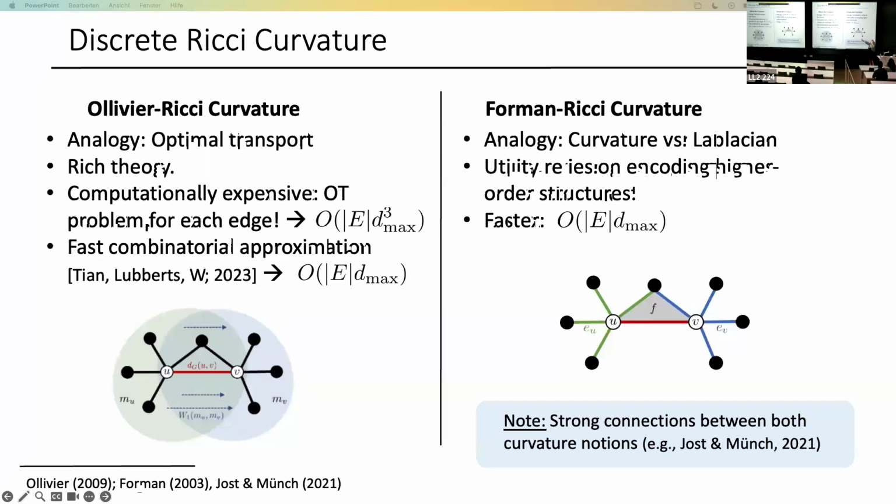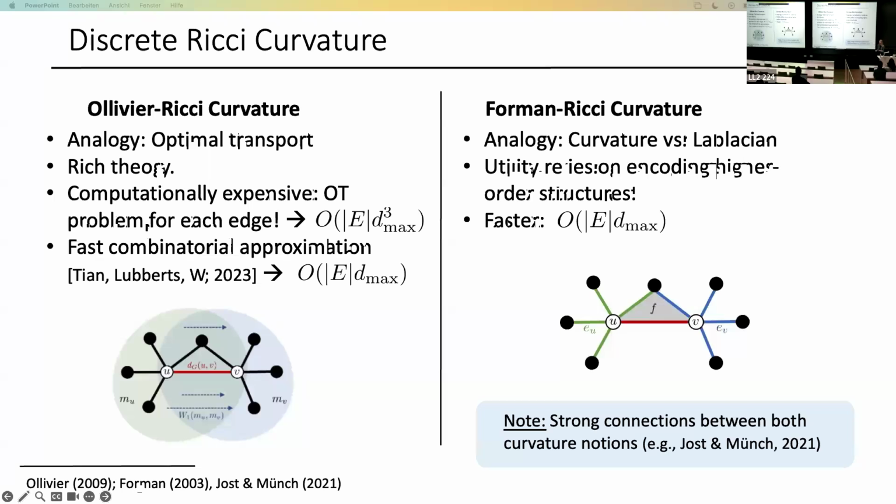If you recall, when we introduced Ollivier's curvature, we said we have to compute the Wasserstein-1 distance. Right? So we have to solve an optimal transport problem, and that can be expensive, at least if we solve it exactly. There are approximations of this using, for instance, Sinkhorn distances, which is an approximation of the Wasserstein-1 distance. There are also ways of deriving a combinatorial approximation of Ollivier's curvature that we've recently derived that is even faster than this.